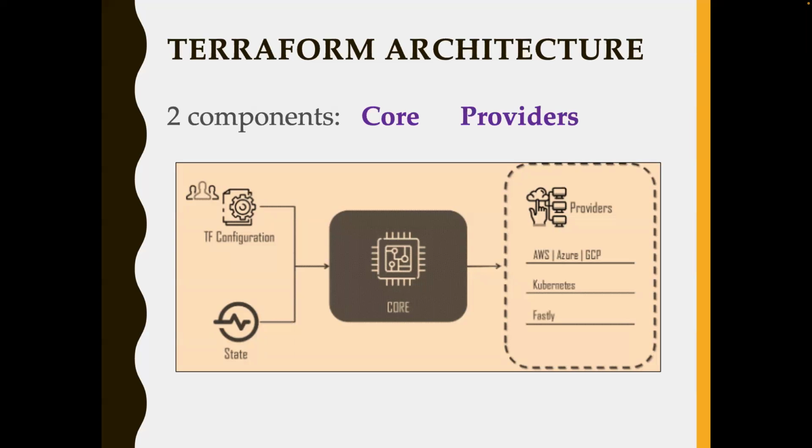For the plan to get implemented, it will use providers. Providers are like extensions or add-ons. For each API, you have a provider so that you can interact with that API. Let's say you want to automate AWS components, so we'll be using a provider called AWS. That's how you have core and providers, the major components.